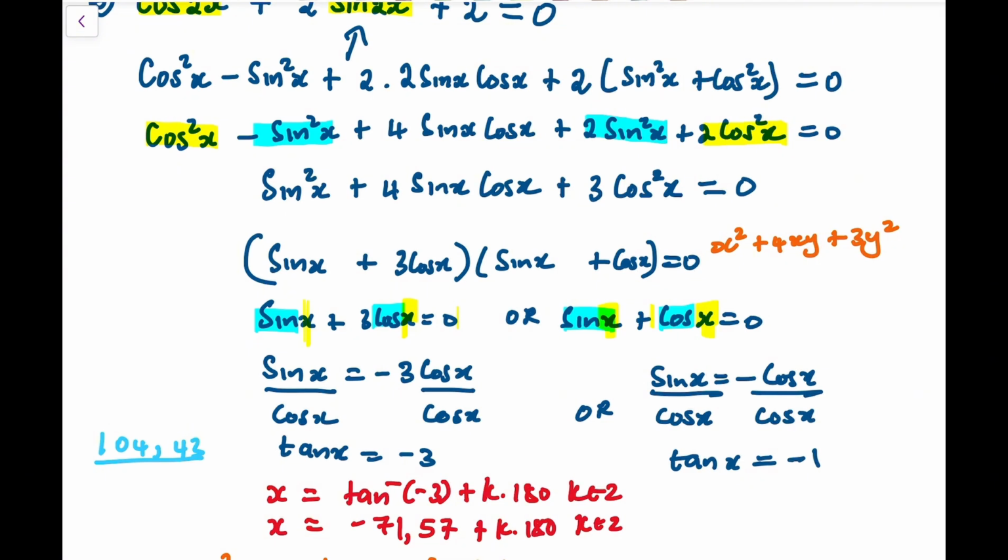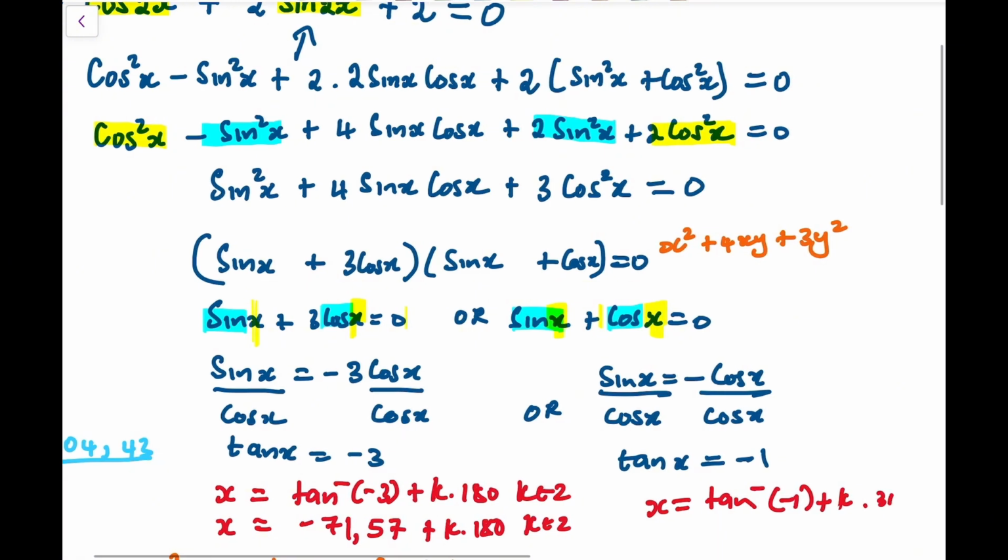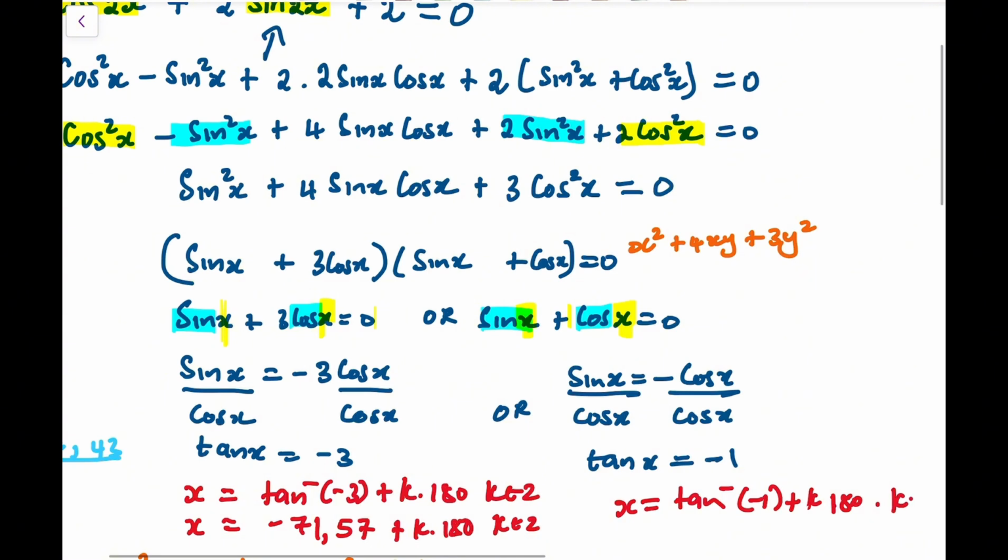And then with this one, we have x is equal to arctan of negative 1, and then plus k multiplied by 360, not 360 but 180. But even 360 also works.